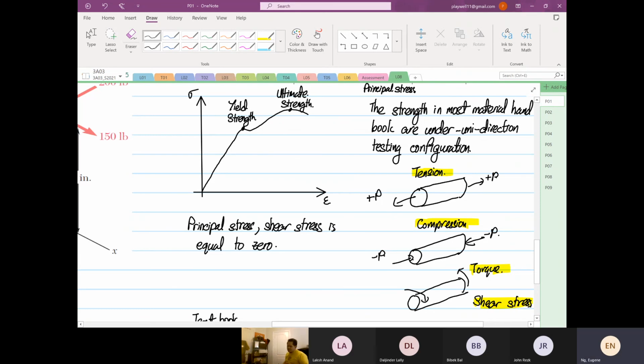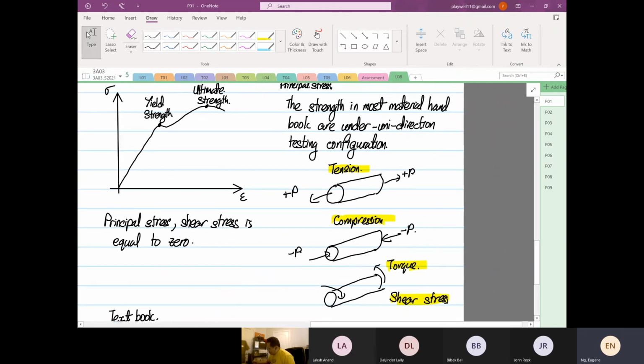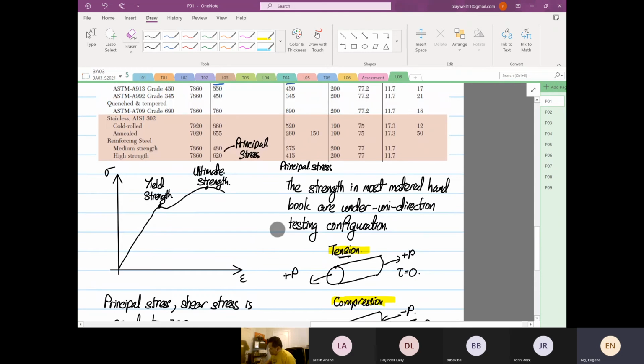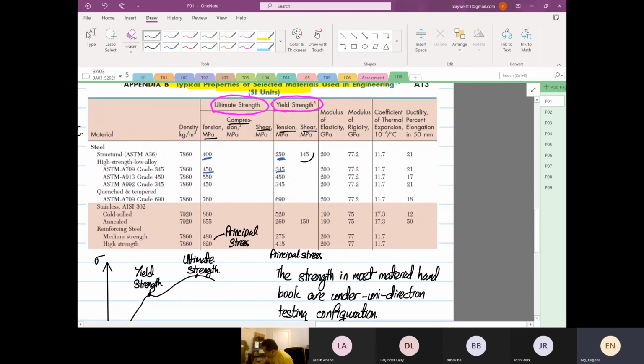Your shearing stress is equal to what? 0, which is true. If you look at over here under tension, the shearing stress is equal to 0. In compression, your shearing stress is also equal to 0. And what is reported for your shear, these are known as your tau max, your maximum shearing stress.